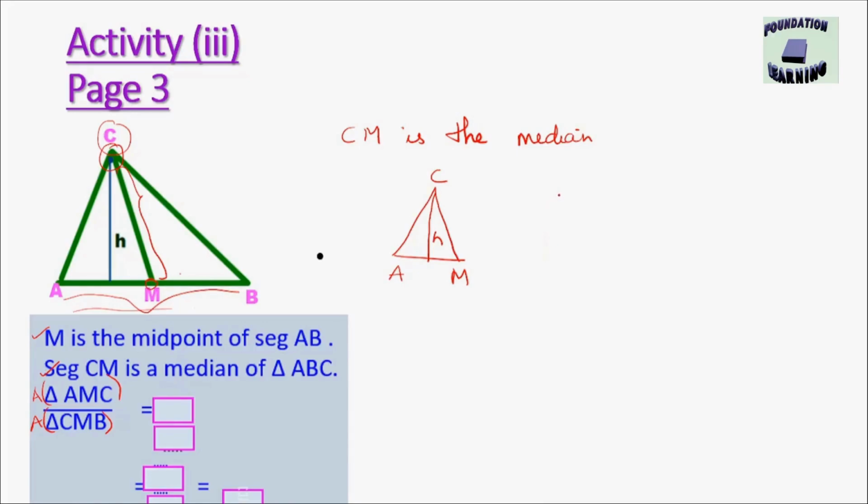Again, C is there. This is an obtuse angle. Remember, the height of an obtuse triangle actually comes outside, not inside. So here you have the height, which is again this H.